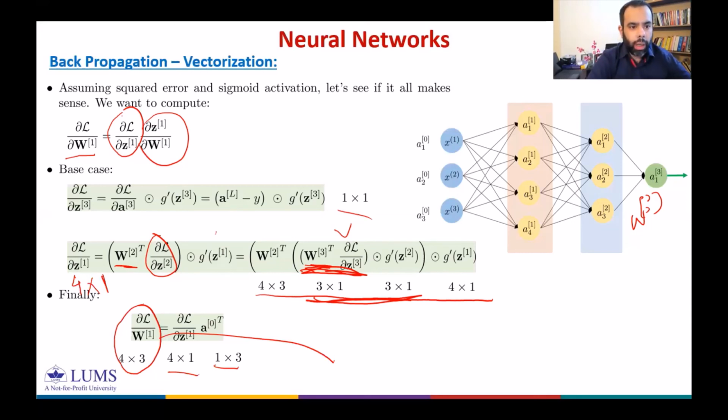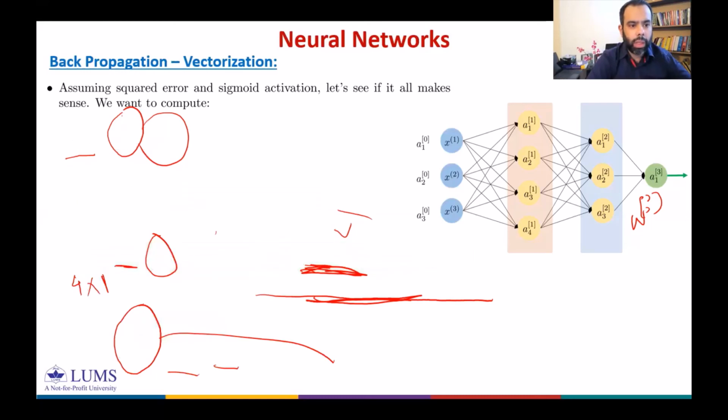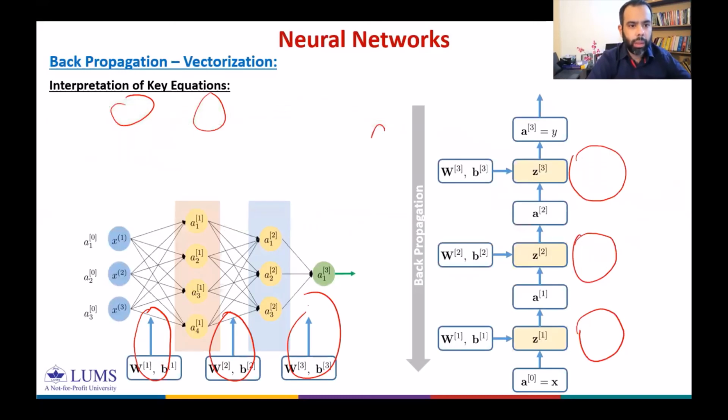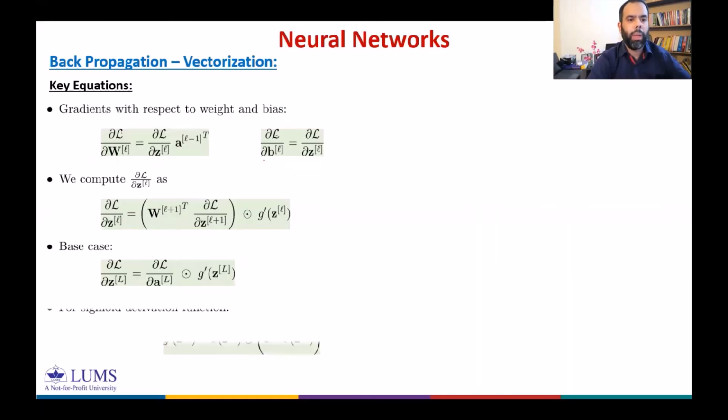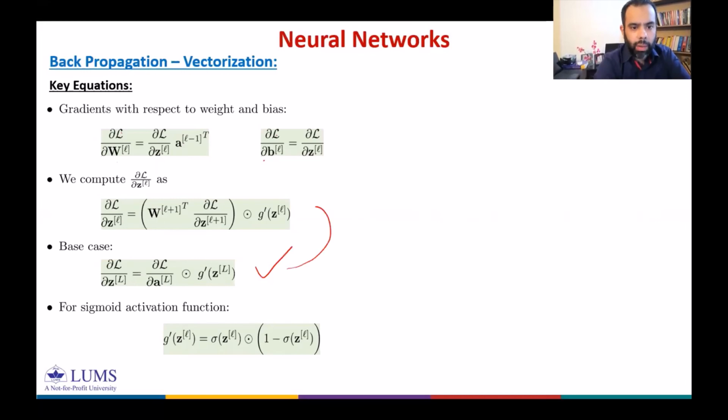So concluding, these are the key equations we had for backpropagation. So this is the base case. Using this, we can compute derivative of loss function with respect to pre-activation output for every layer.